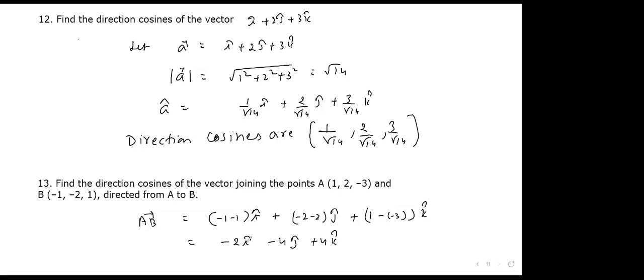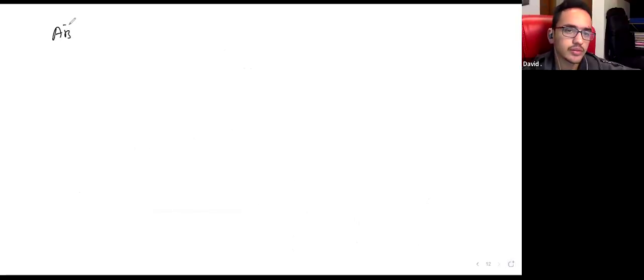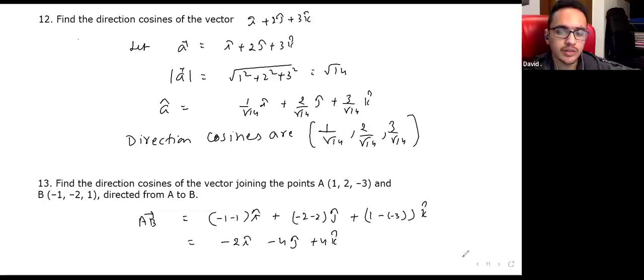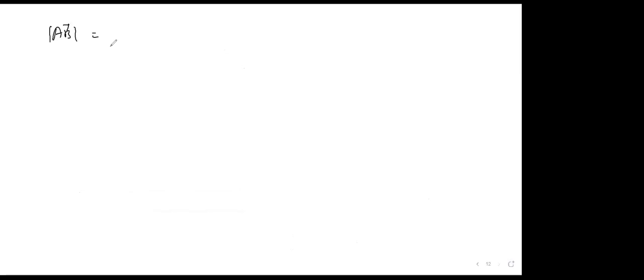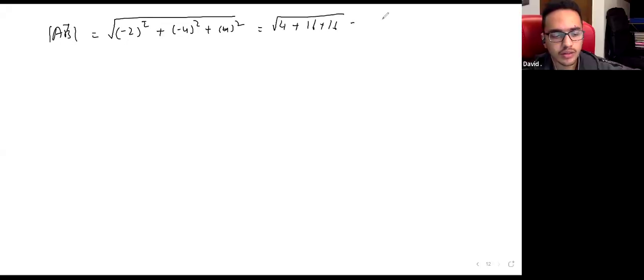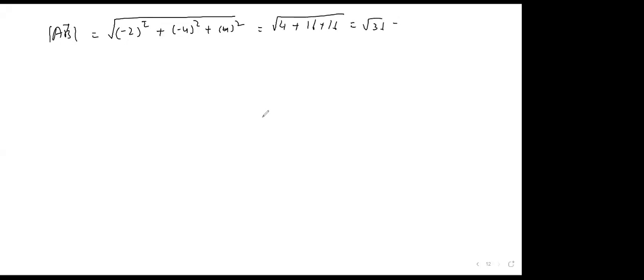Now get the magnitude of this vector. Magnitude of AB vector equals the square root of 4 plus 16 plus 16. Square root of 36 is 6.